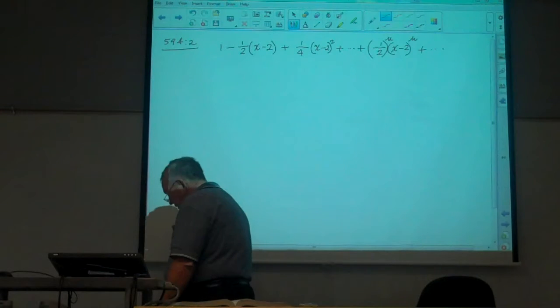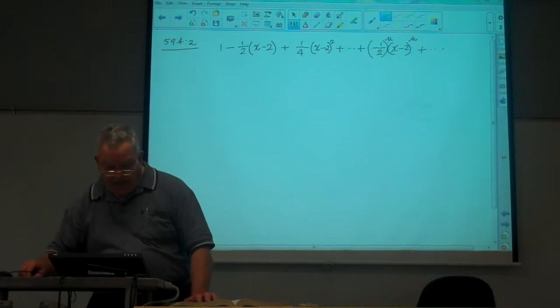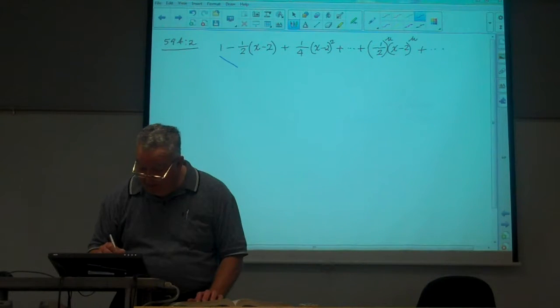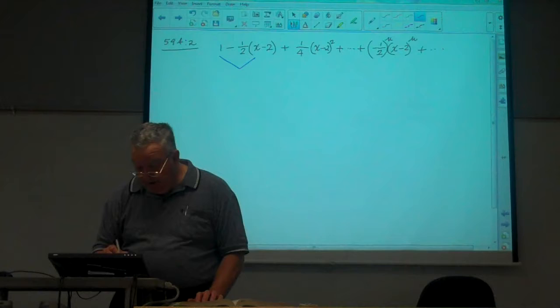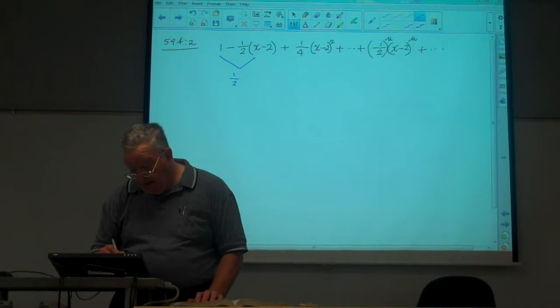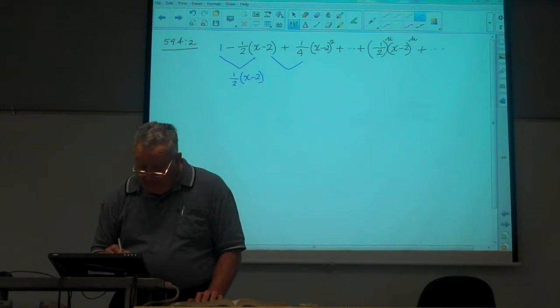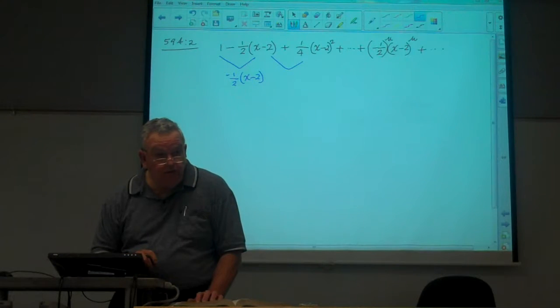Okay? So in this one, I think the common ratio here is 1/2 times x minus 2. Negative. That just means it starts at like -1 or something? That's what I was thinking, instead of starting at 1. I got it.